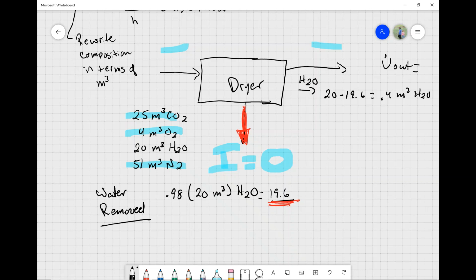So V out equals 0.4 cubic meters of H2O plus 25 cubic meters of CO2 plus 4 cubic meters of oxygen plus, oops, that's our H2O, we don't need that, plus our 51 cubic meters of nitrogen.